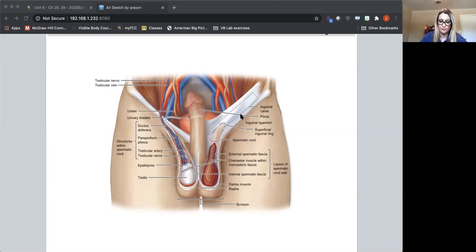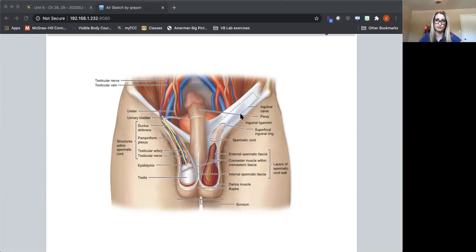left side right here, notice the blood flow in that spermatic cord. The blood flow and the way that the blood vessels are arranged within the spermatic cord is another way males regulate the temperature of the testes. It's a little difficult to see for the artery, but there's just a single artery bringing blood to the testes.